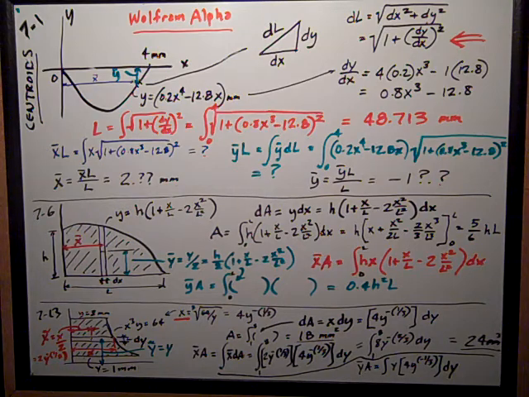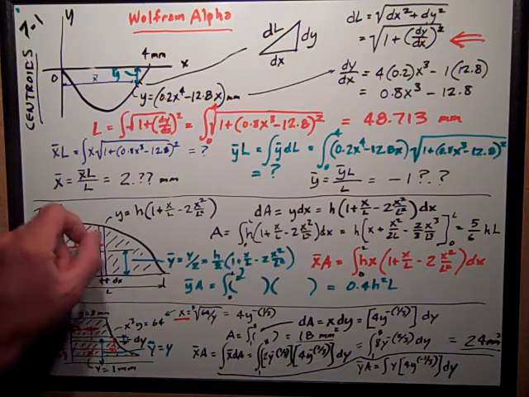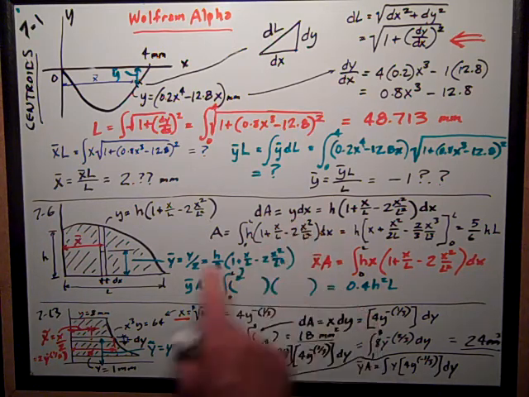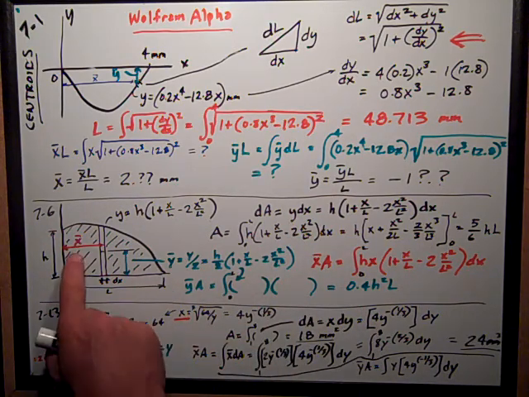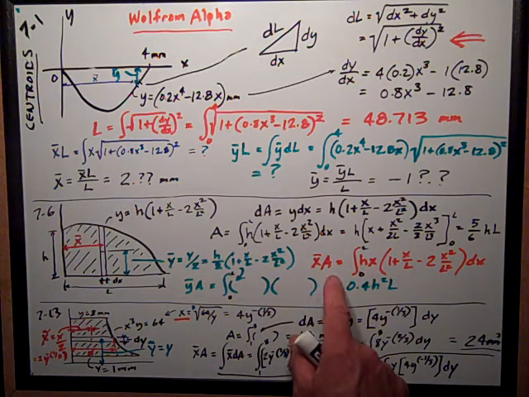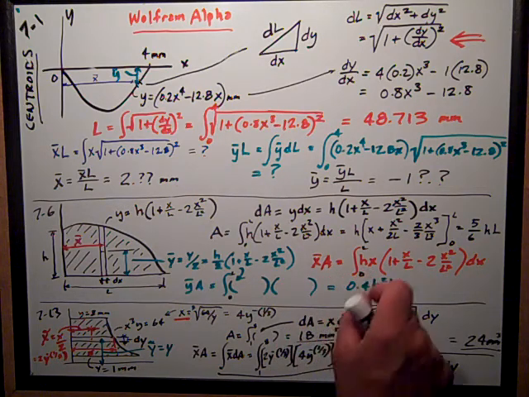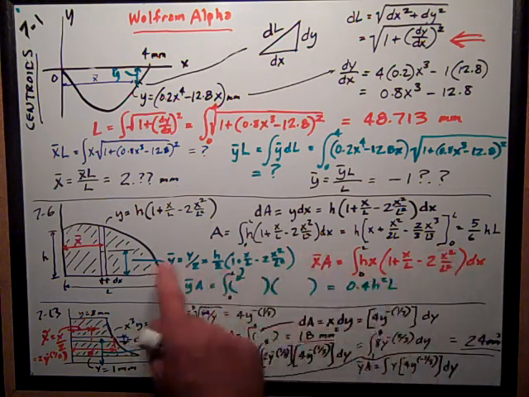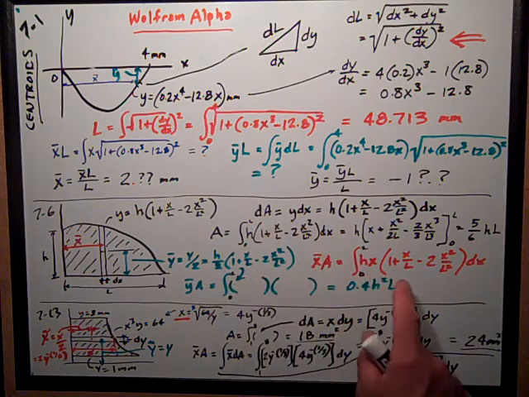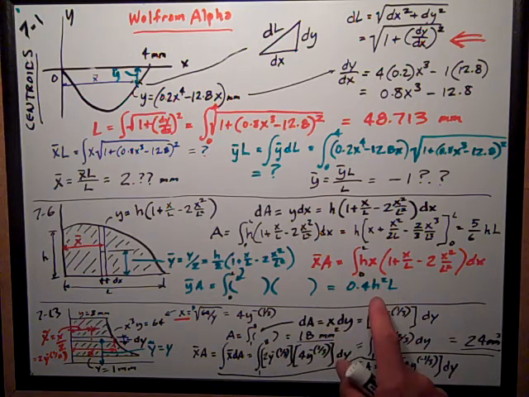Okay, you don't need Wolfram Alpha to do that. Now I need my little x bar and y bar for that little elemental strip, which is y dx. The x bar distance is just the x value. So let's do that one first. x bar A is the integral of this formula for y, or really for dA, which is y dx from up here, and I multiply it by x.